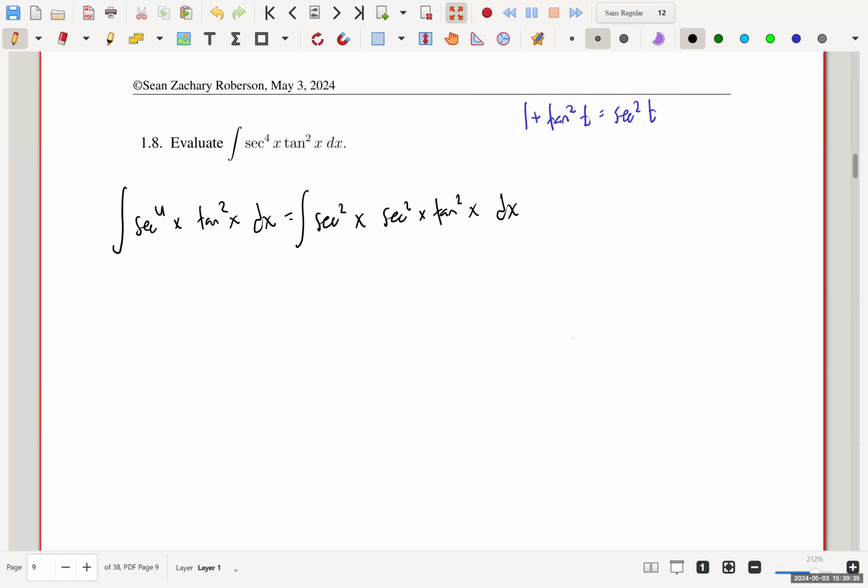I'm open to options. Substitute 1 plus tangent squared for secant squared. That's the winning move. I'm going to highlight that in the same color. I can take one of those secant squares and just replace it with the 1 plus tangent square. That's exactly what we're going to do. So I'll write secant square here, 1 plus tangent square, another tangent square.